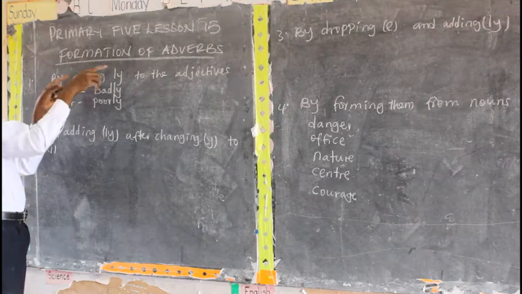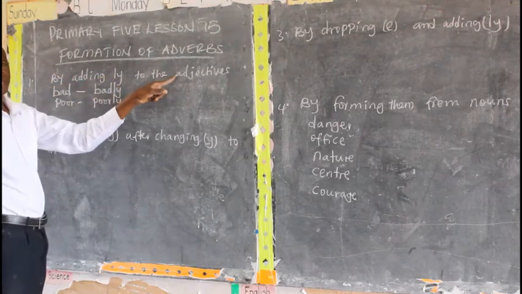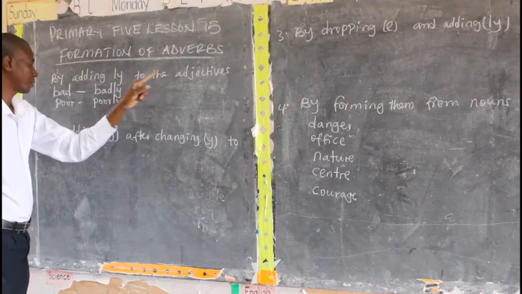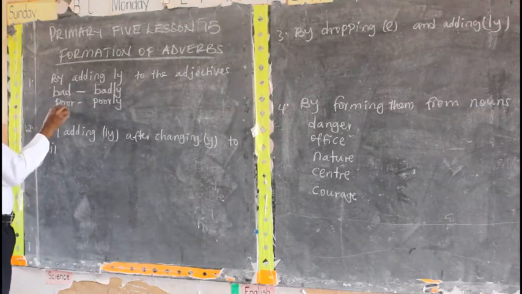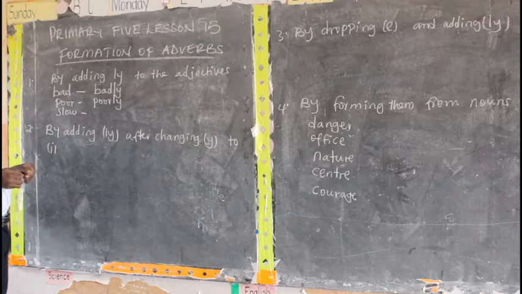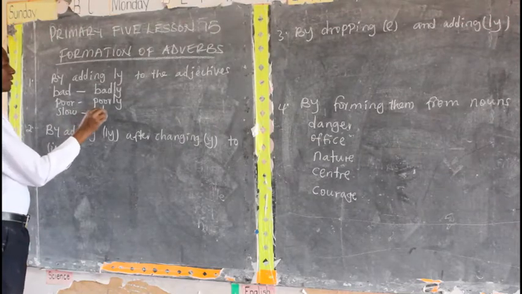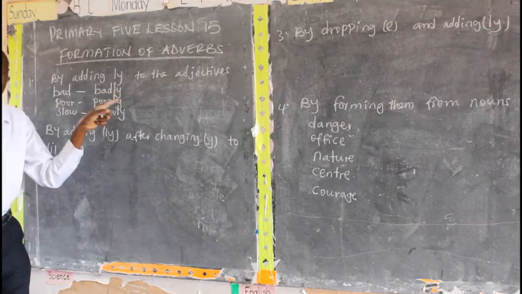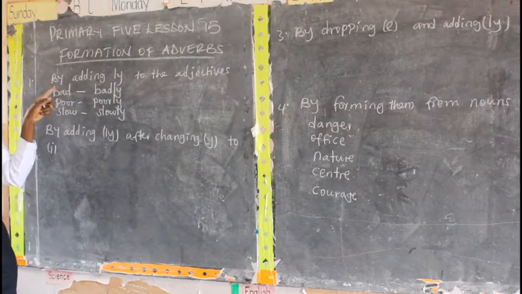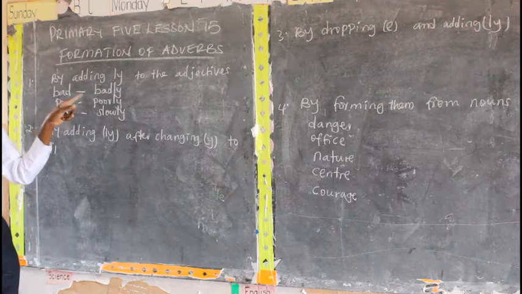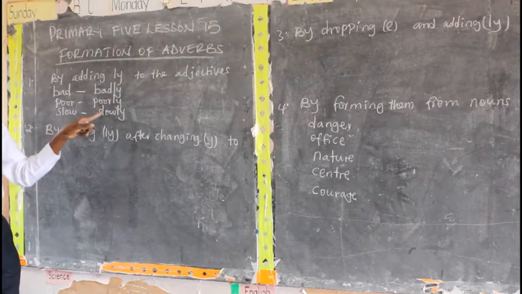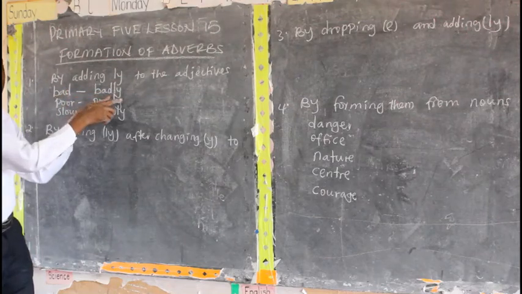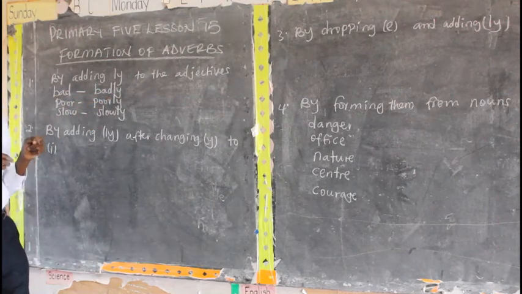Let's talk about slow as an adjective. This one is slowly. So you can see that these adverbs are formed from adjectives. Bad, badly. Poor, poorly. Slow, slowly. So these are called adjectives, and those with ly are called adverbs.